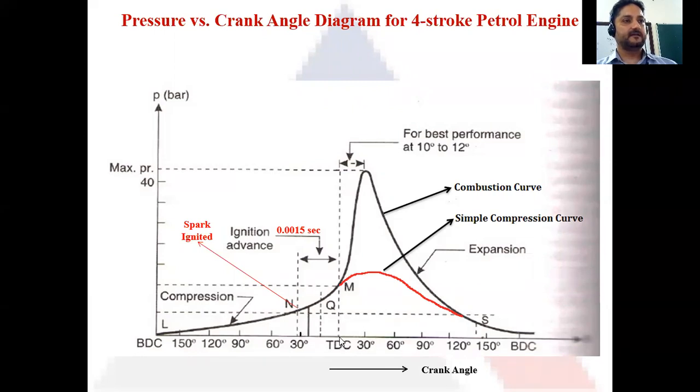Now during the compression stroke, you can see that the pressure at point L is almost atmospheric pressure. As the piston starts to move upwards and the air fuel mixture inside starts to compress, the pressure inside the cylinder starts to increase gradually.